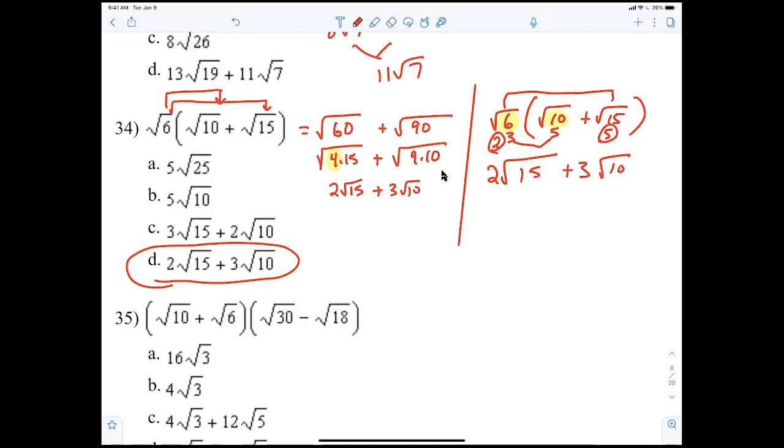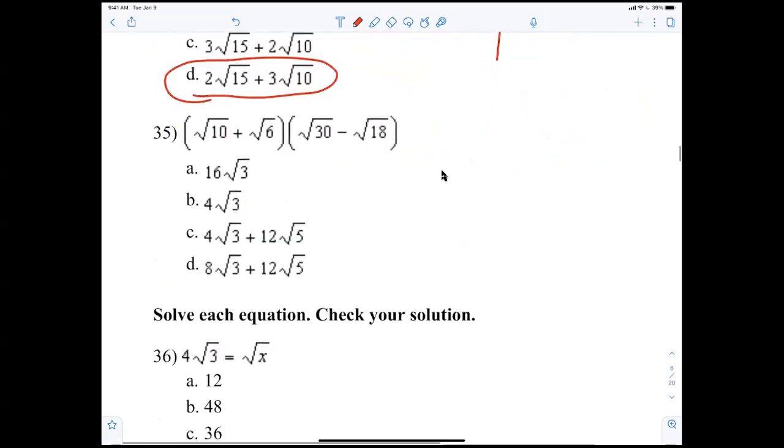All right, here we go, 35. Now, once again, if you're looking at these, you're going square root of 10 times the square root of 30, which is the square root of 300. Then this becomes plus the square root of 180.